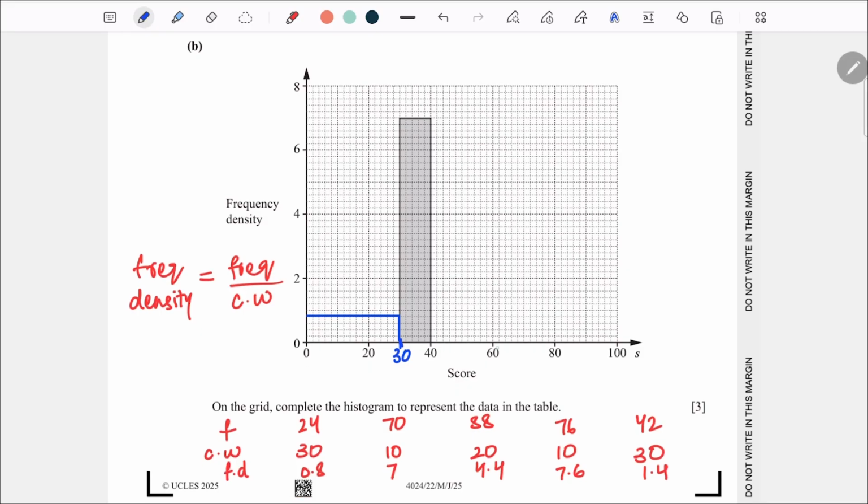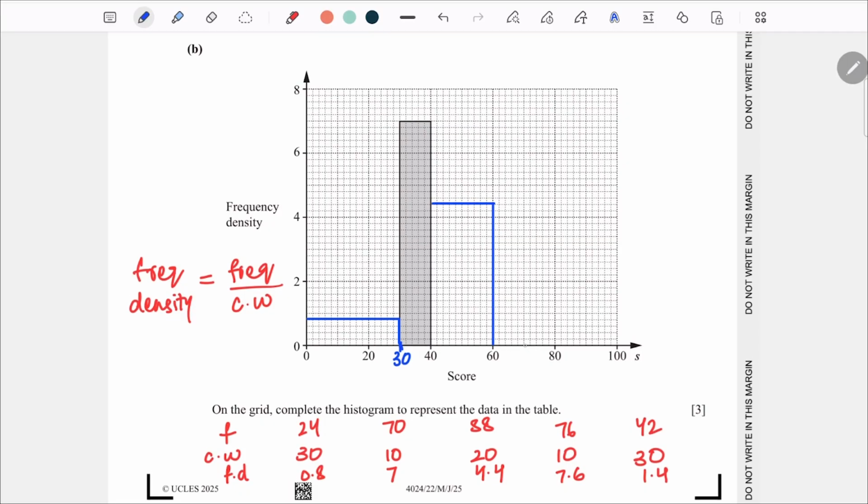From 40 to 60, we have the frequency density 4.4. So 4.4 will be somewhere over here. 60 to 70 will be right here. This is equal to 7.6.